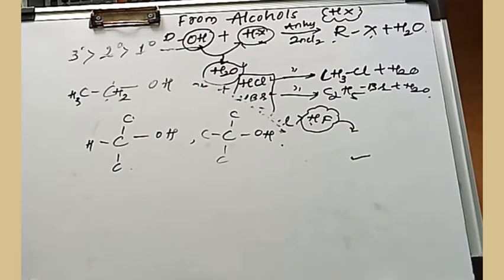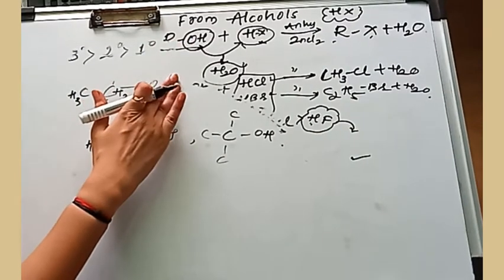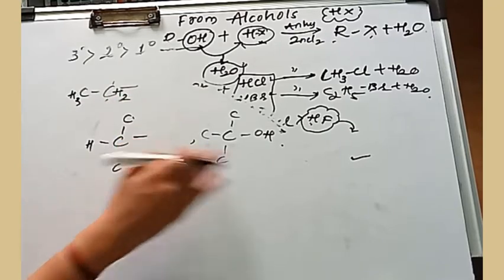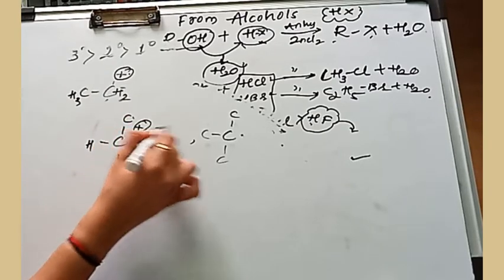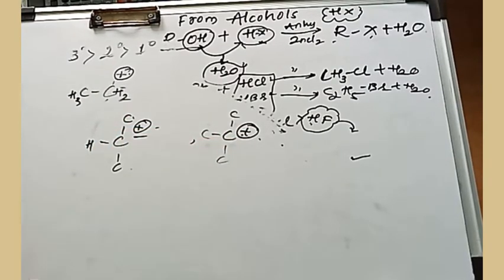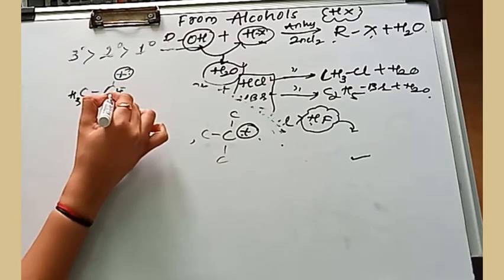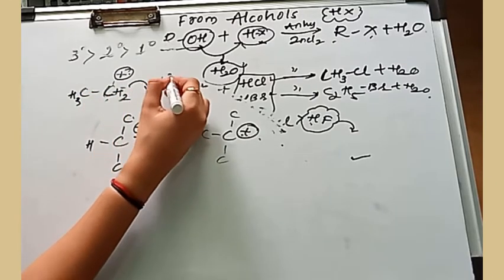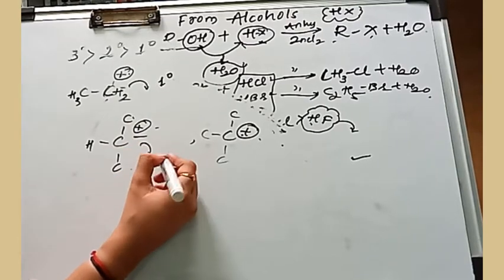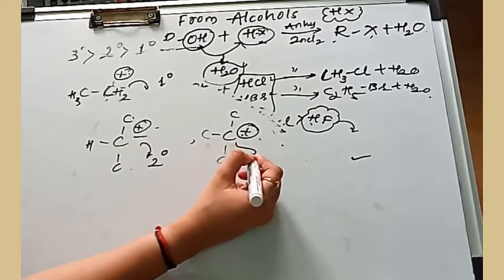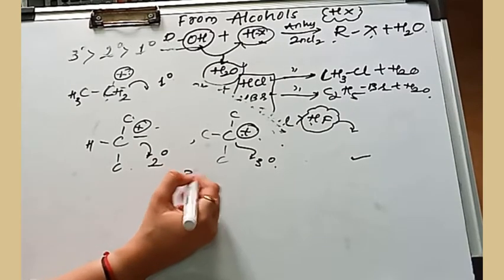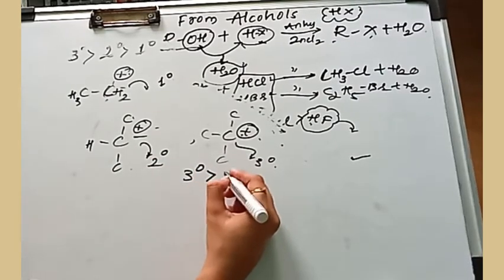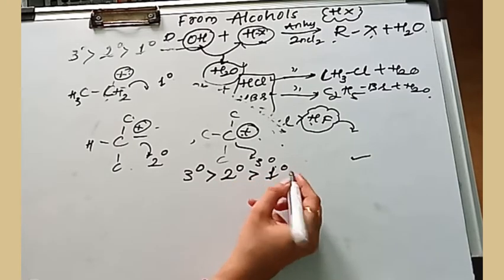In order to form the product, you are replacing this OH, meaning you are removing the OH from this carbon. When you remove the OH, there will be a positive charge on it, so you have got a carbocation here. This is primary in nature, so it is a primary carbocation. This is secondary, so it is a secondary carbocation. This is a tertiary carbocation. You have learnt that among these three types of cations, the tertiary carbocation is more stable than the secondary carbocation and then the primary carbocation.